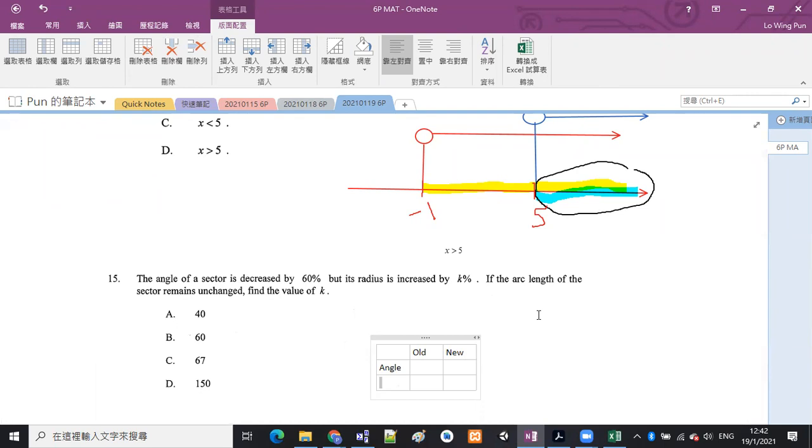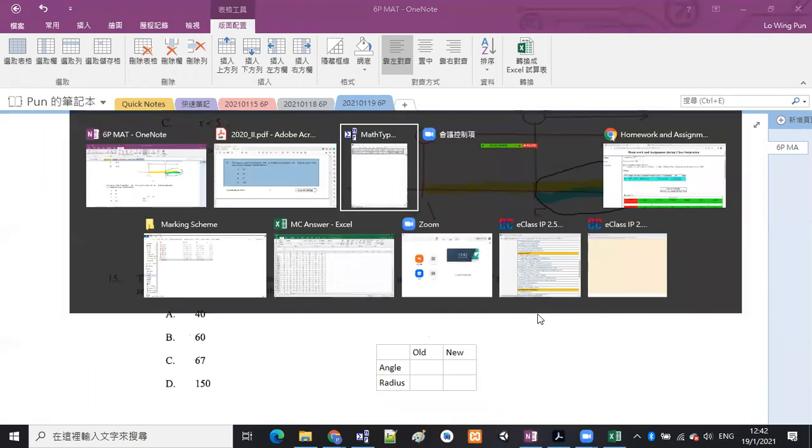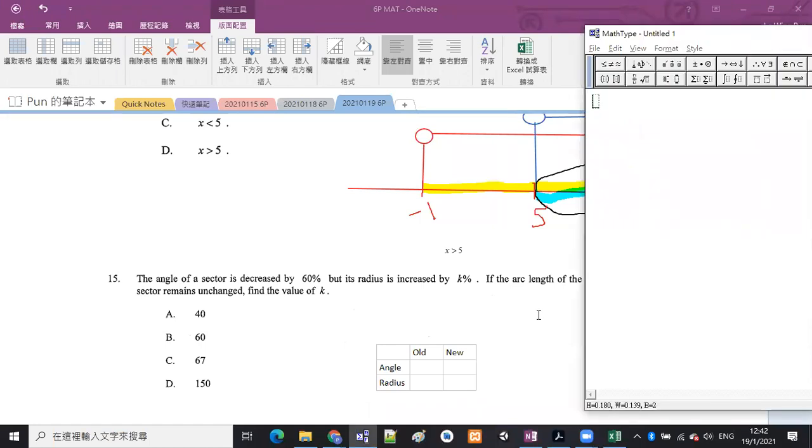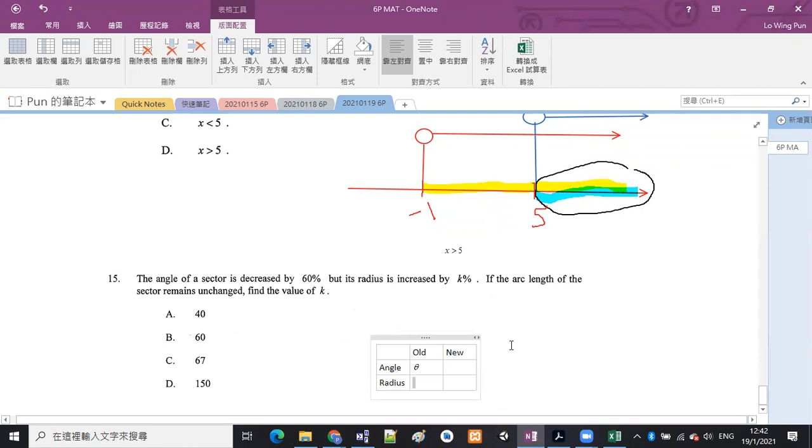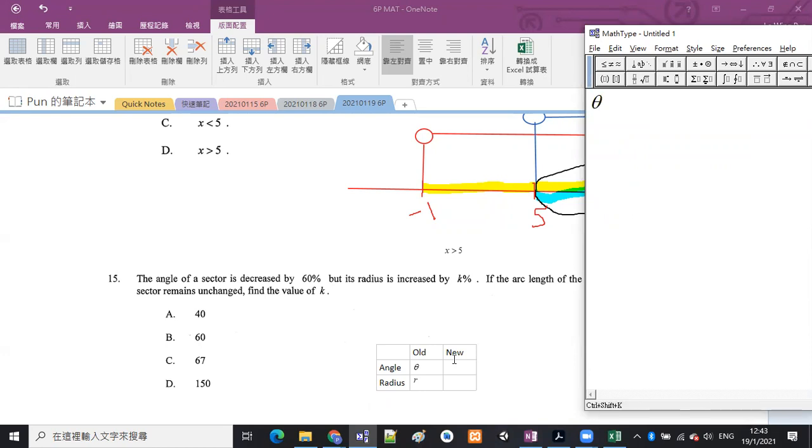angle 同埋個 radius。而家有冇數字俾過你？冇喎。即係我哋要 let 嘢。我哋 let 個 original angle be theta，original radius be r 先。佢話 the angle of a sector is decreased by 60%，咁個 new angle 應該係咩？個 angle 減少咗60%，即係 new angle 就係 theta times 1 minus 60%。That should be equal to 0.4 theta.